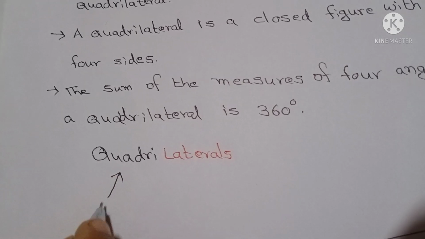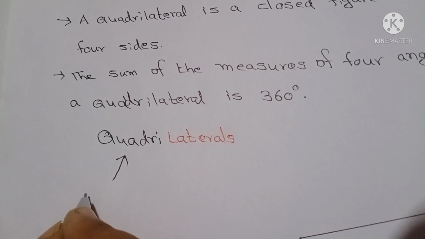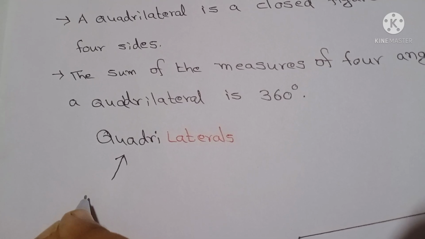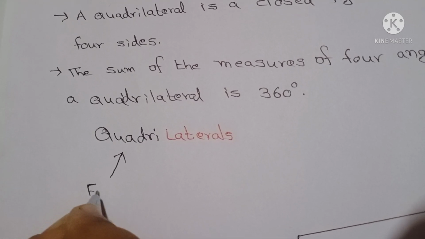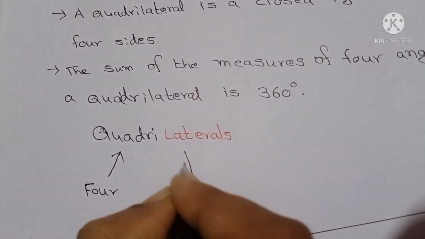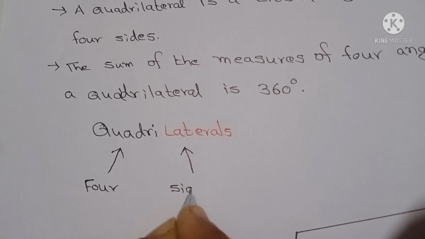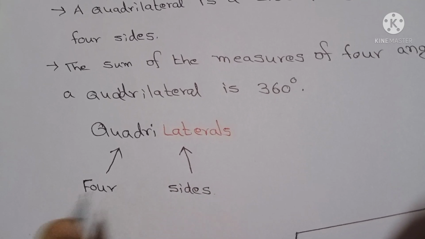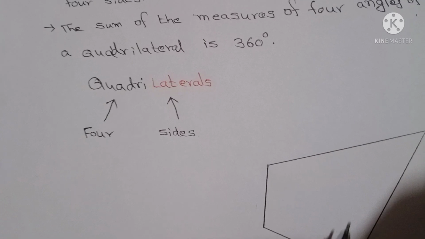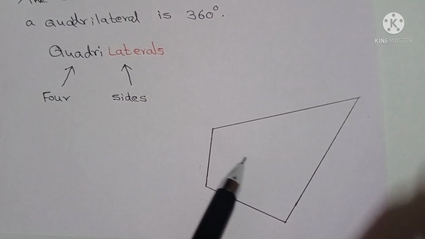Quadri means 4. Lateral means sides. A polygon with 4 sides is a quadrilateral.